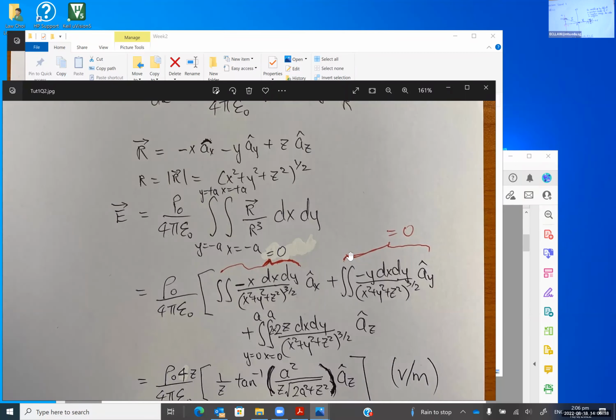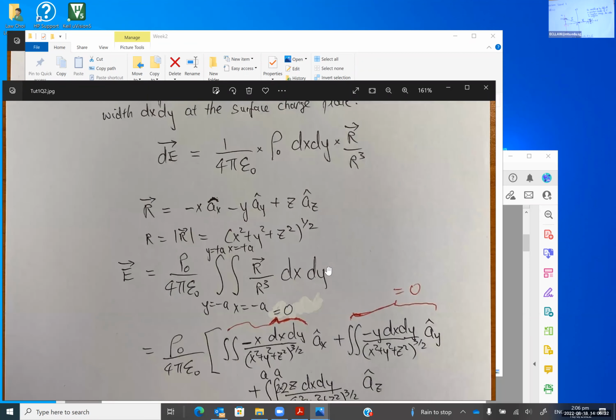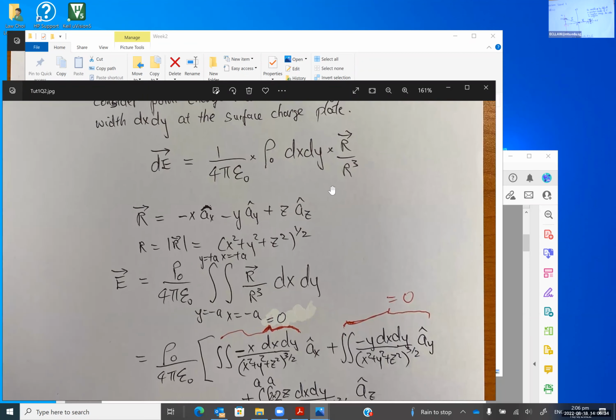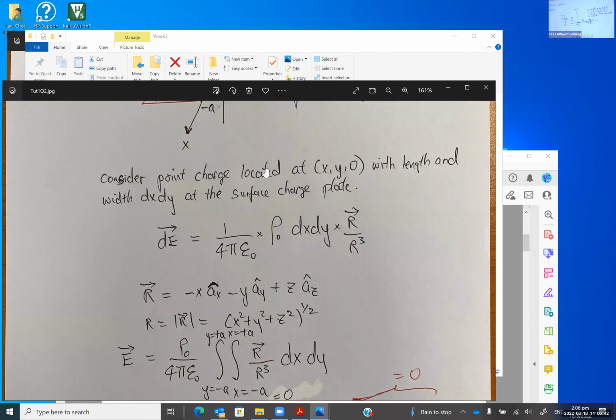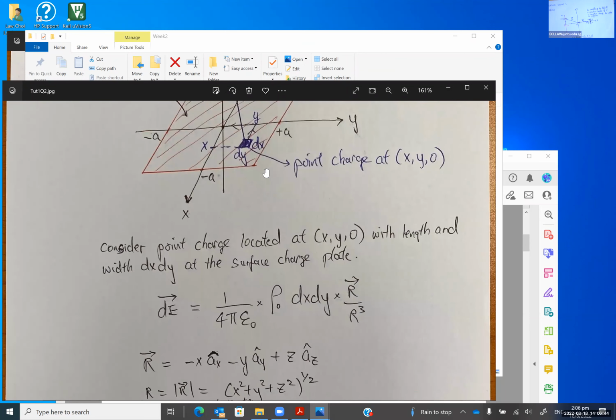Those are our limits. Okay, at this juncture, there are 3 integrals to solve. Okay, before that, just now I said I'm going to do a dx, then a dy, right? So we're going to integrate with respect to x first and then y. Okay, so let me illustrate to you what happens when we integrate with x first.